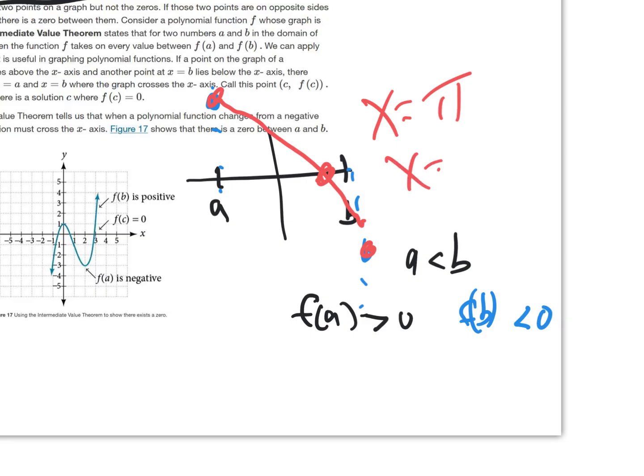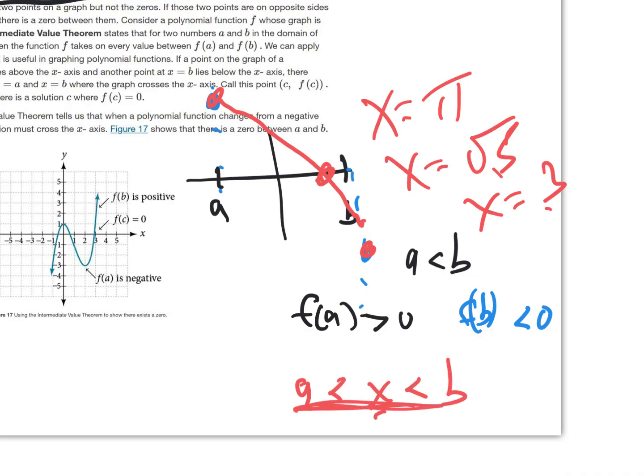It could be x equals the square root of 5. That would be hard to find. It could be x equals 3. It just doesn't matter. But the answer has to be between A and B. X has to be in there somewhere between A and B.